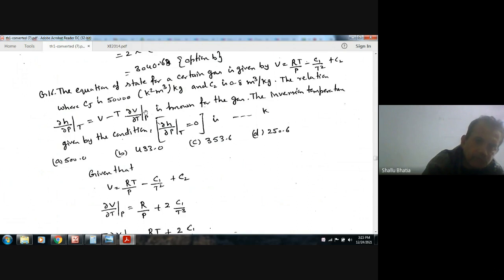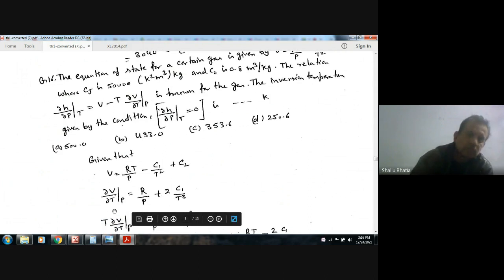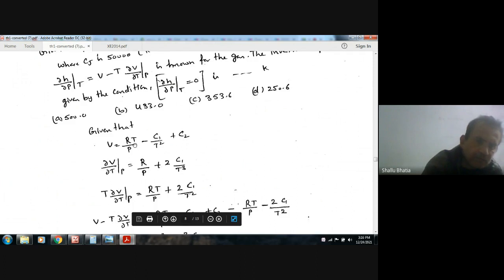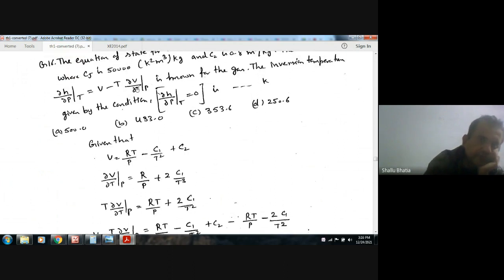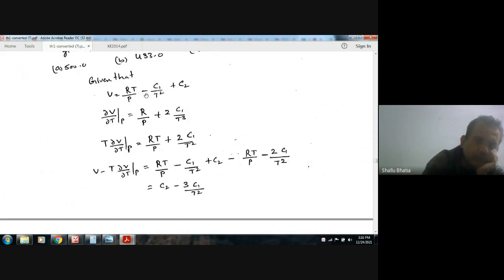Now from this relationship, keeping P constant, we can find del V by del T. So here it will be R by P plus 2 C1 by T cubed. Now multiplying it by T, because we need T (del V by del T) at constant P, it will be RT by P plus 2 C1 by T squared.